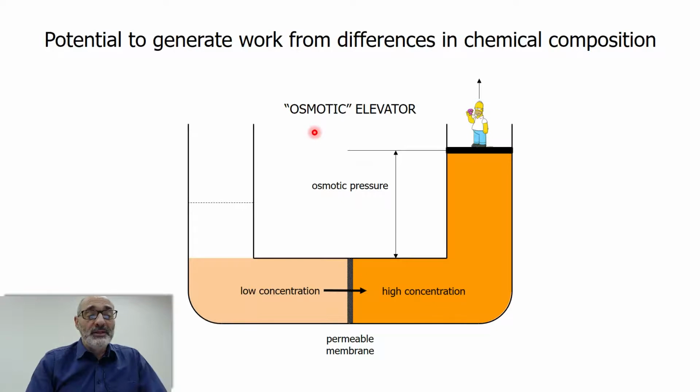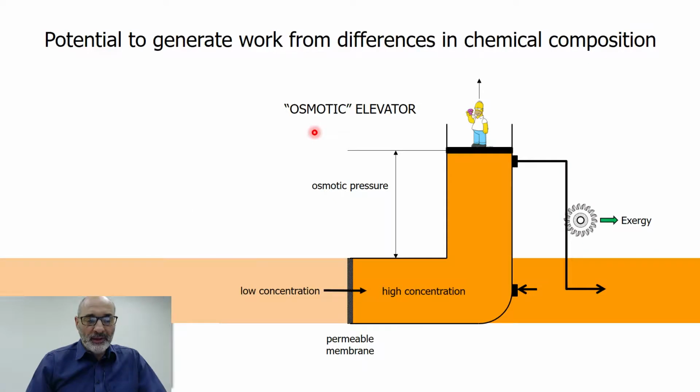So this actually happens. This is exactly what happens in a tree, for instance. I'm going to show you. And if we have an infinite supply of low concentration fluid, we could use this to produce exergy. So there's pure water always flowing here in order to cancel out this concentration difference.